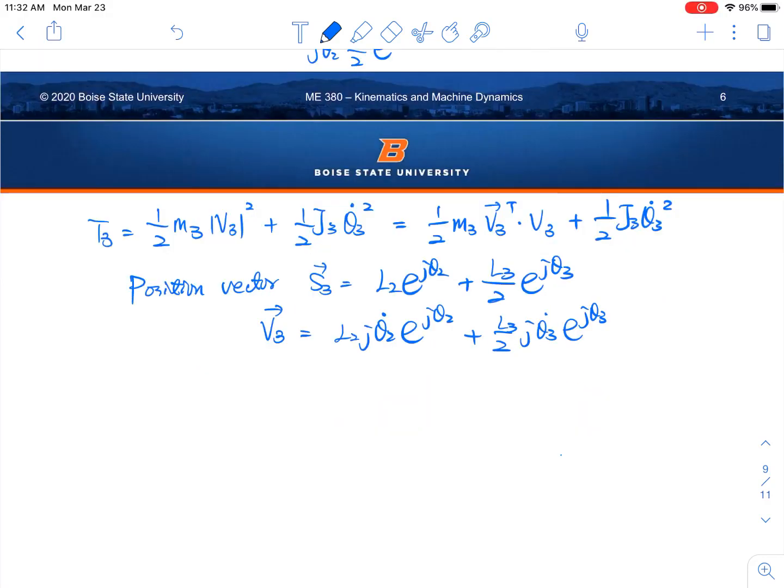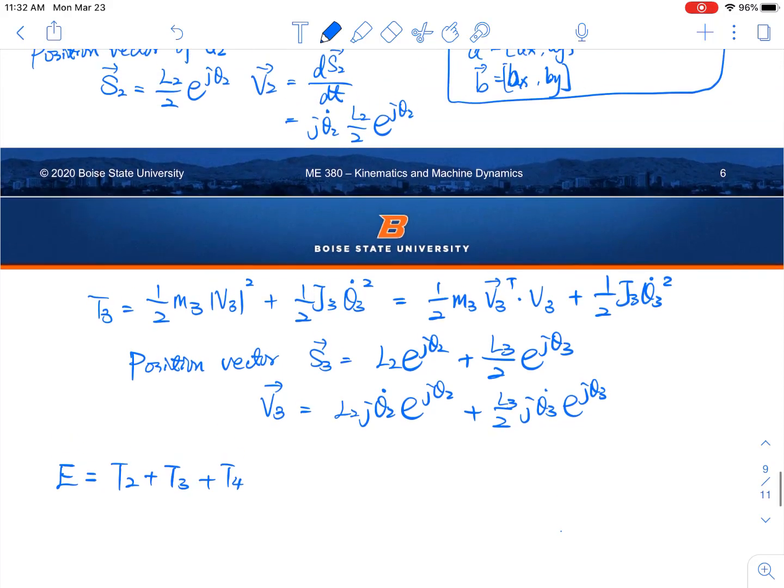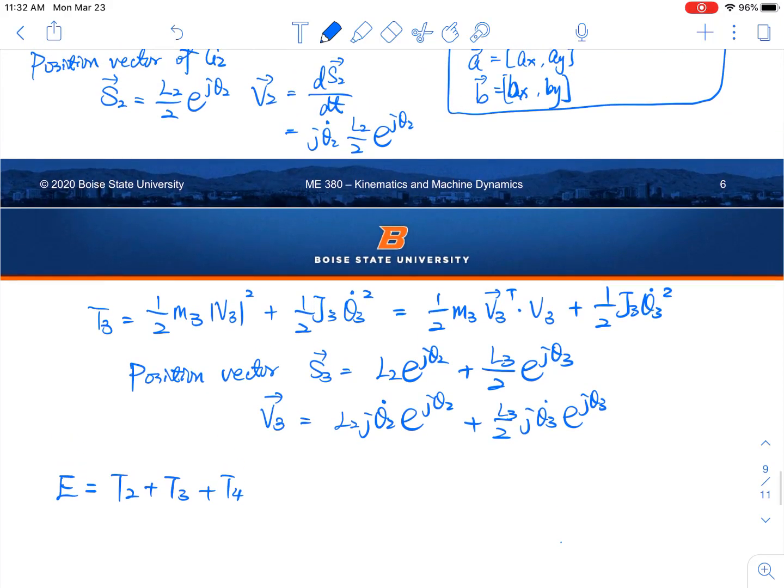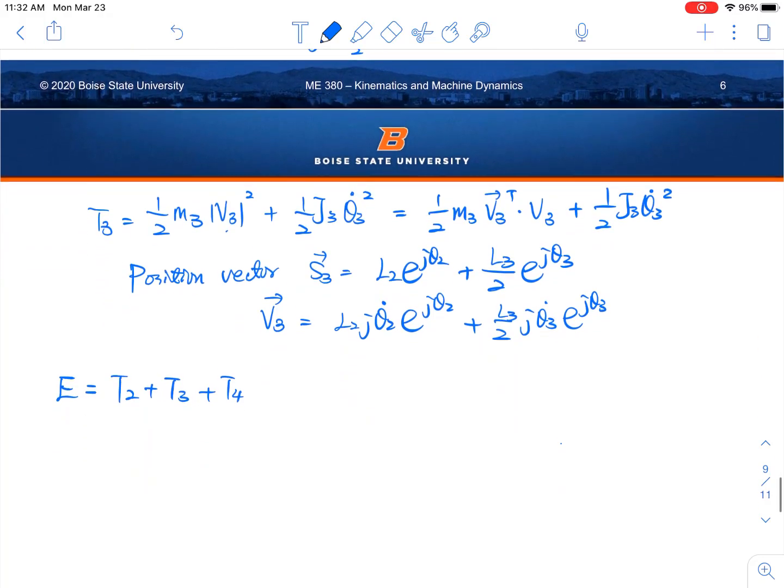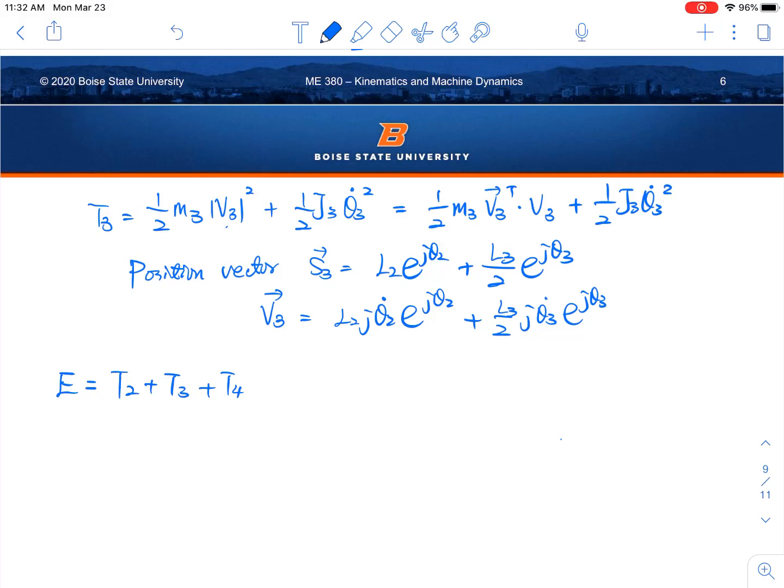Okay, up to this point, we know that the total energy of this 4-bar linkage is T2 plus T3 plus T4. We can easily find this energy because it can be written as a function of all the velocities. We have already found all the velocities from velocity analysis.